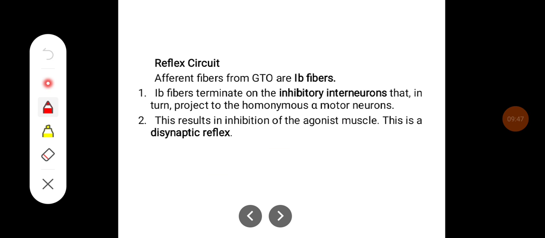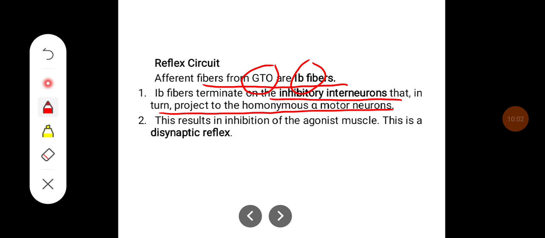The afferent fibers from the Golgi tendon organ are the 1B fibers. 1B fibers terminate on the inhibitory interneurons that in turn project to the homonymous alpha motor neurons. This results in inhibition of agonist muscle, and this is a disynaptic or bisynaptic reflex.